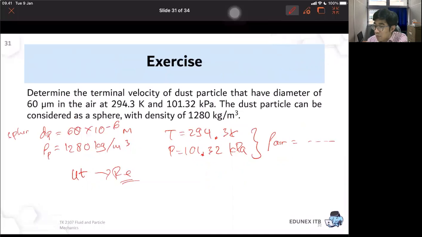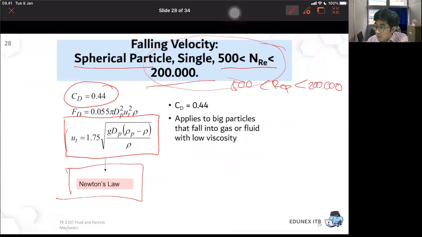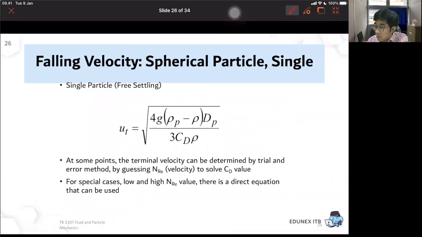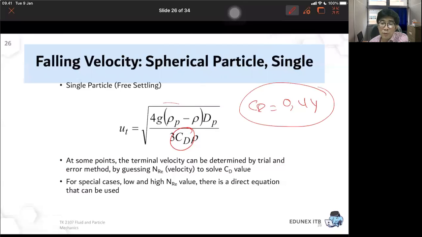Then you put CD into this equation with gravity. First, you guess 0.44. You have all the values: g is okay, the density of the particle is given, the density of the fluid you can calculate using the ideal gas law, and the diameter of the particle is known. Then with the drag coefficient guessed as 0.44, you can calculate UT.